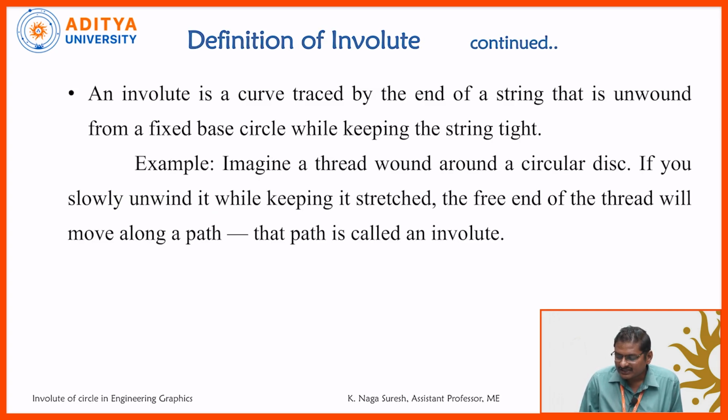An involute is a curve traced by the end of a string that is unwound from a fixed base circle while keeping the string straight. For example, if there is a circular disc, the disc is wound with a rope.